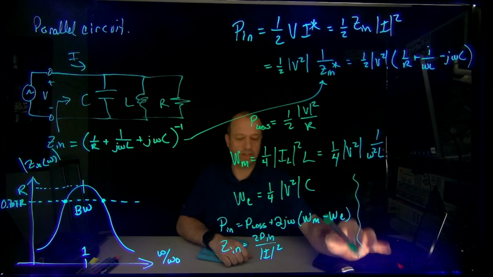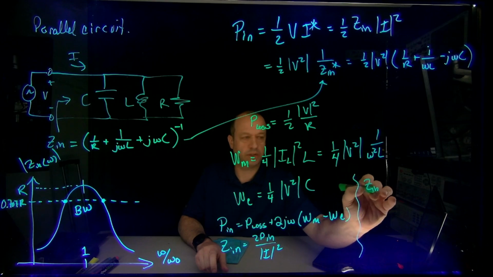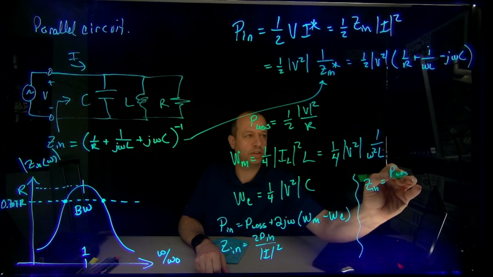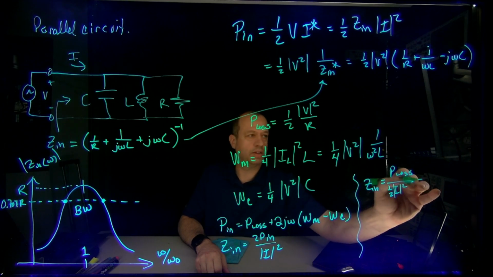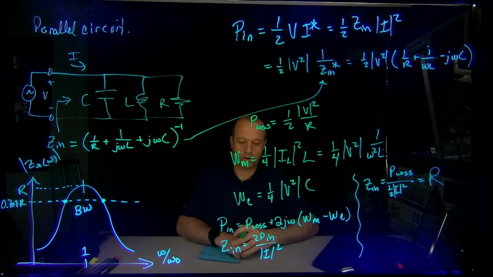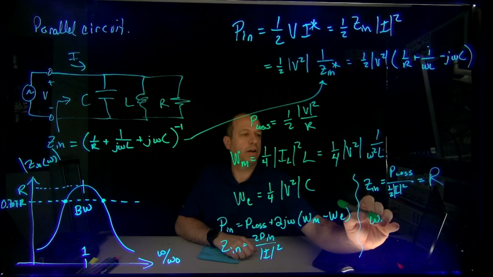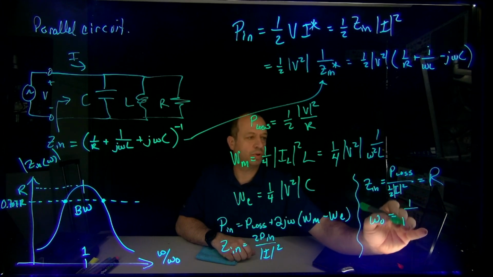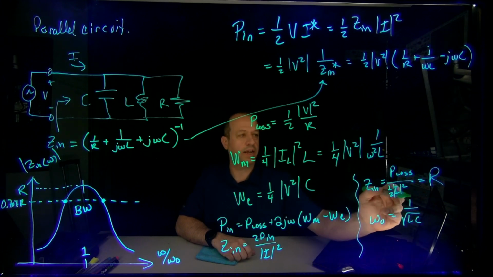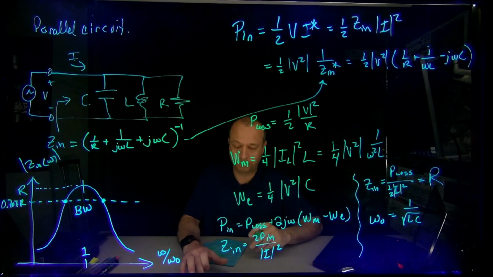And so this ends up being our input impedance equals P loss over 1/2 I squared, and this is equal to R. And again, our resonant frequency is just 1 over square root of LC. Again, the same answer in the end.